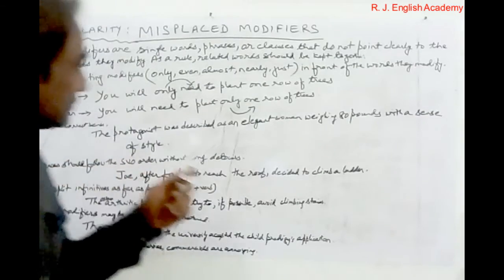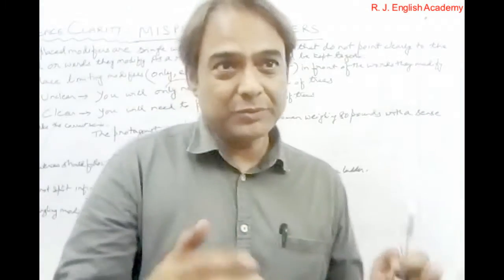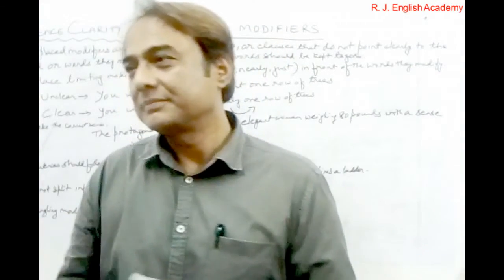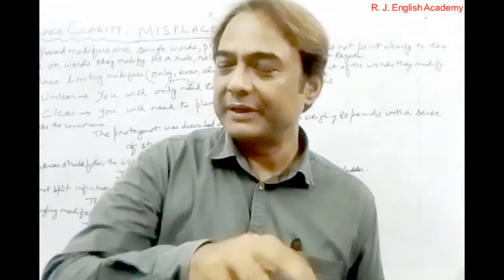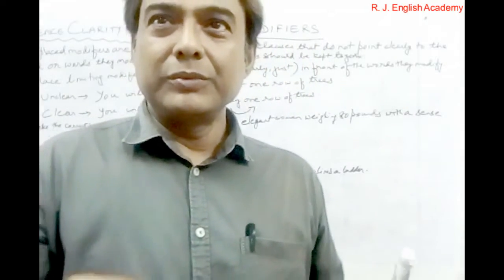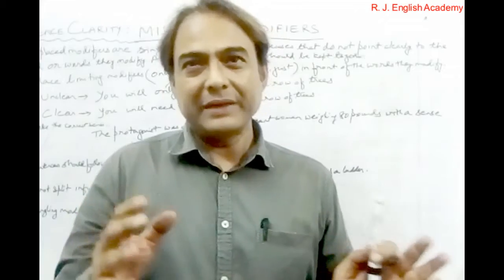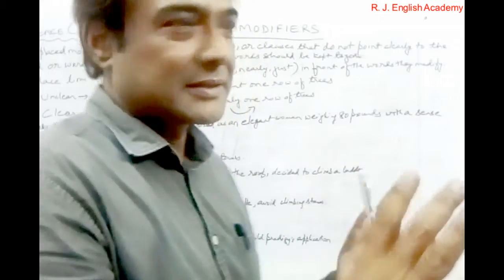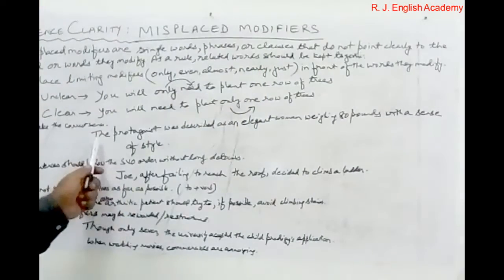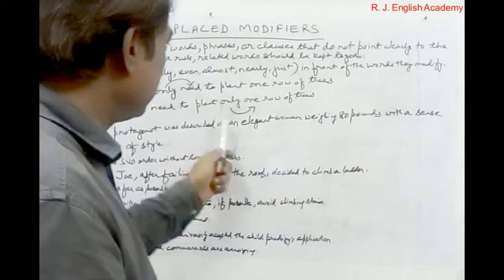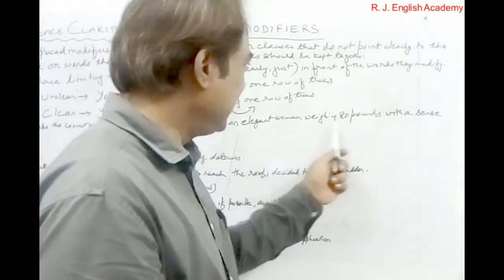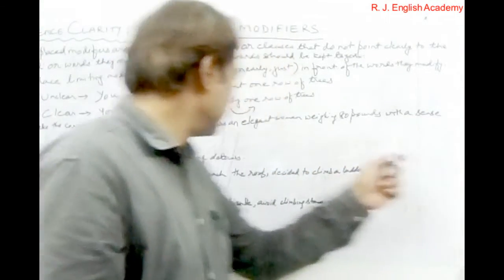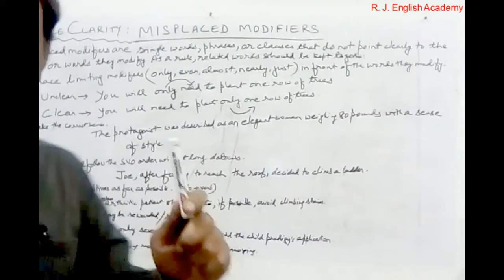Similarly, a second way is the placement of the modifier, to make a correct sense. For example, the protagonist was described as an elegant woman weighing 80 pounds with a sense of style.